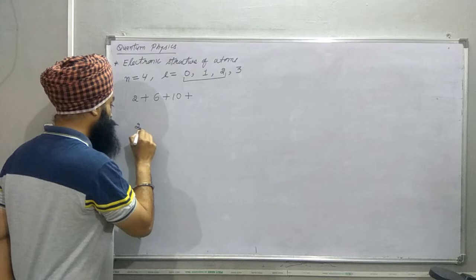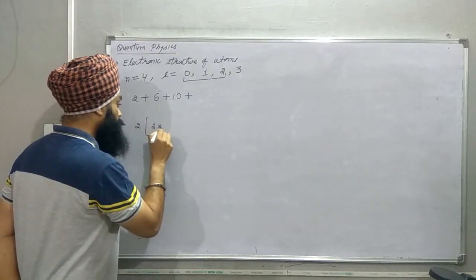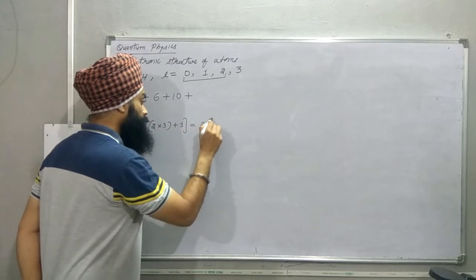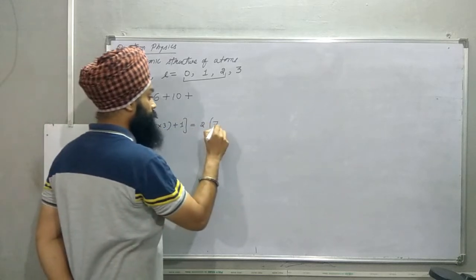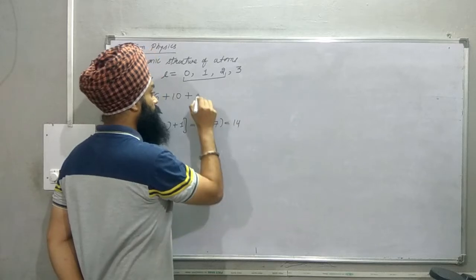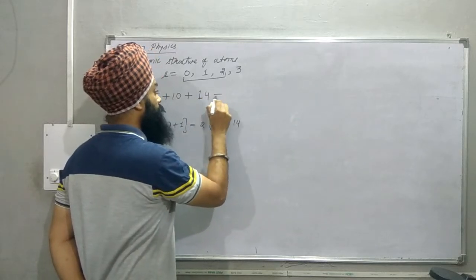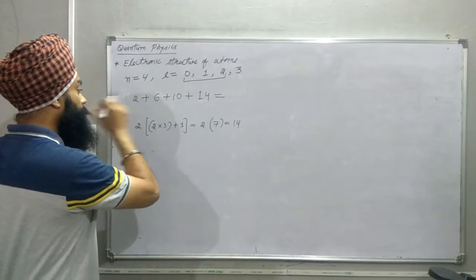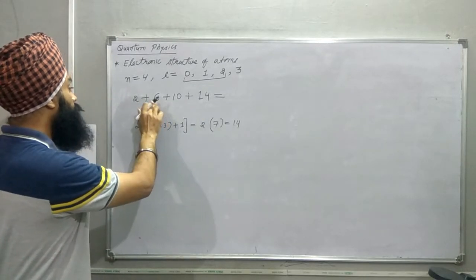According to the formula, 2 into 7, that is 14. This number comes out to be 24, then we have 32.